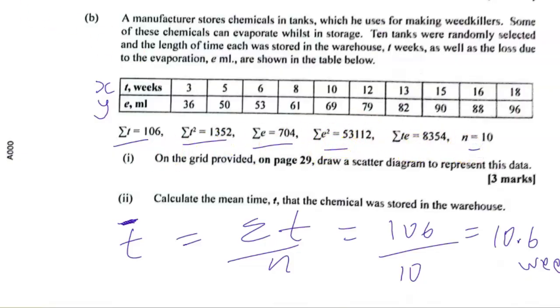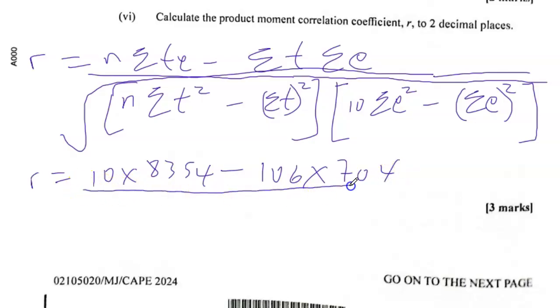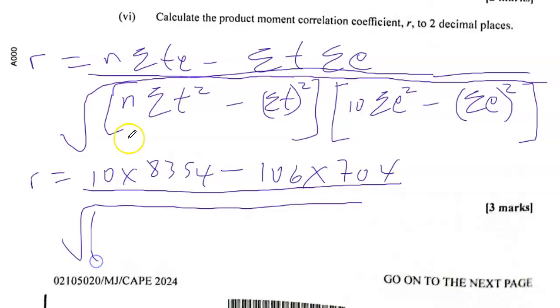And we'll be substituting, of course, these same values in the formula. So R, N is 10 times the sum of TE, that's 8354, minus the sum of T, that's 106, times the sum of E, that's 704, all over the square root. In the square root, for the first bracket we have N, which is 10, times the sum of T squared, that's 1352, minus the sum of T, that's 106 squared.